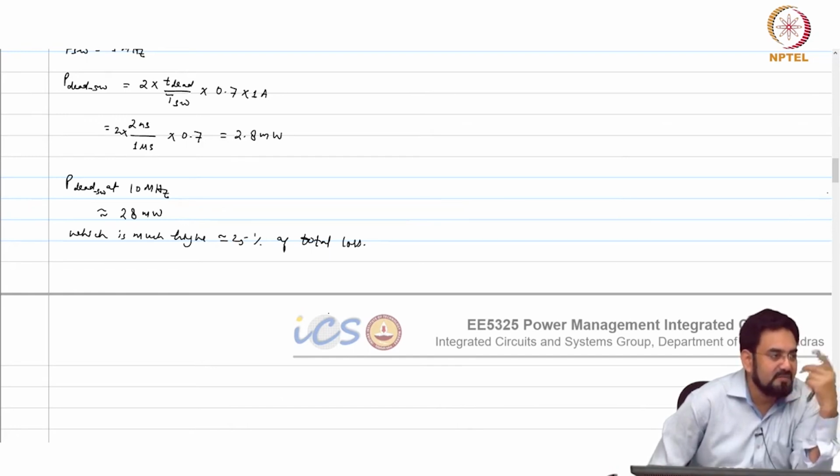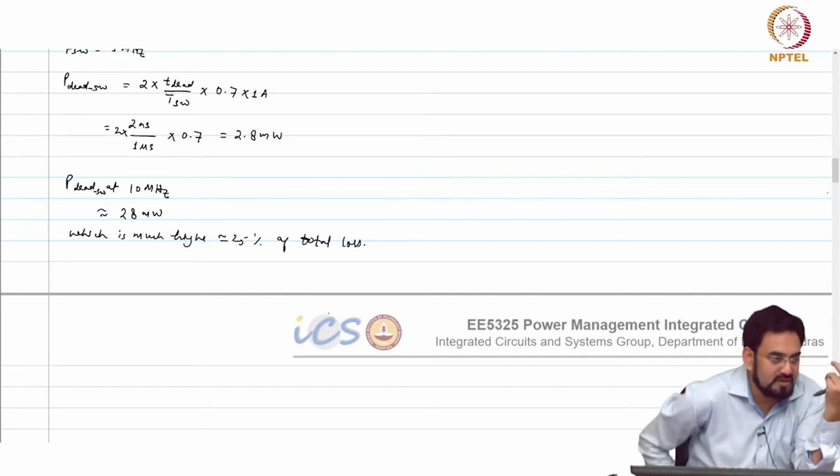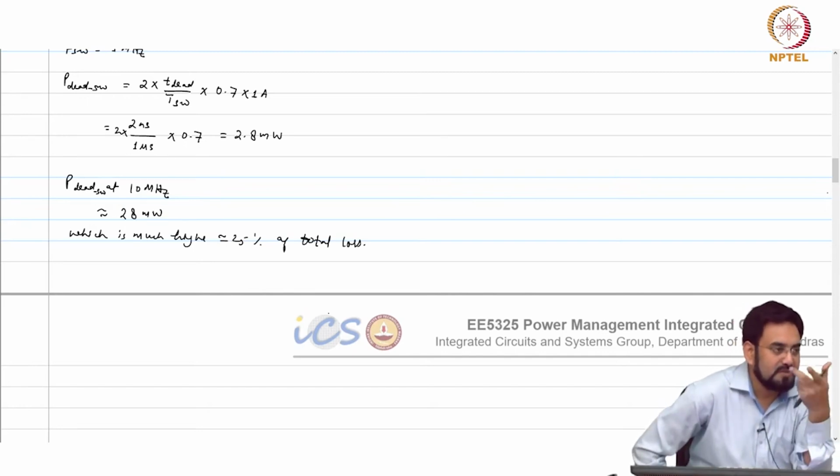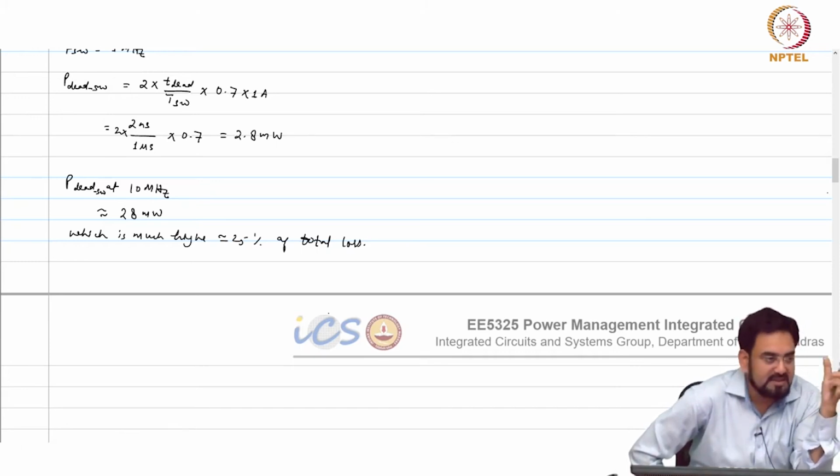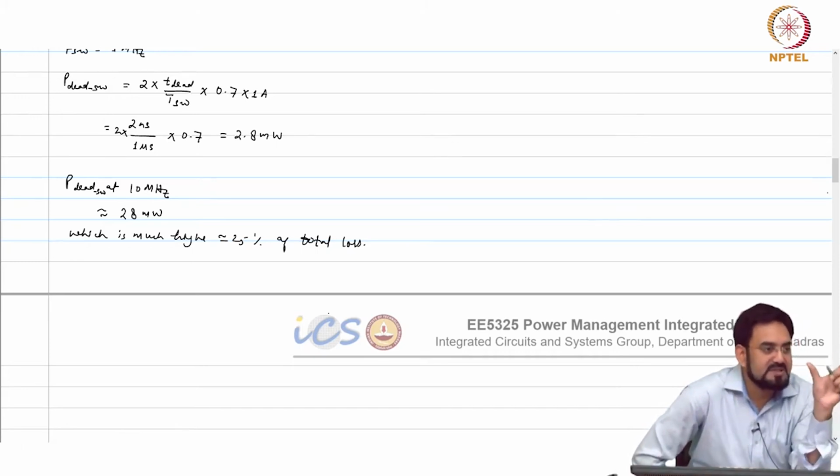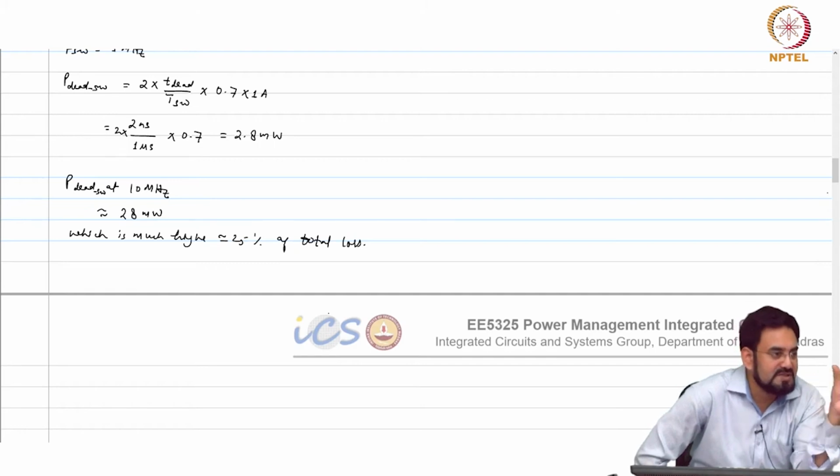So, when you are operating at 100 milliwatt kind of load power or output power, in that case if you want to maintain 90% efficiency, the total loss budget you have is 10 milliwatt roughly. So, the 120 milliwatt now is scaled down to 10 milliwatt.